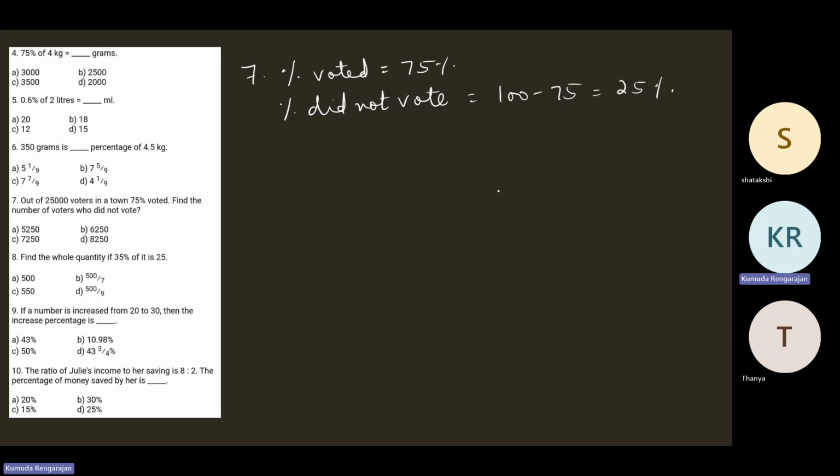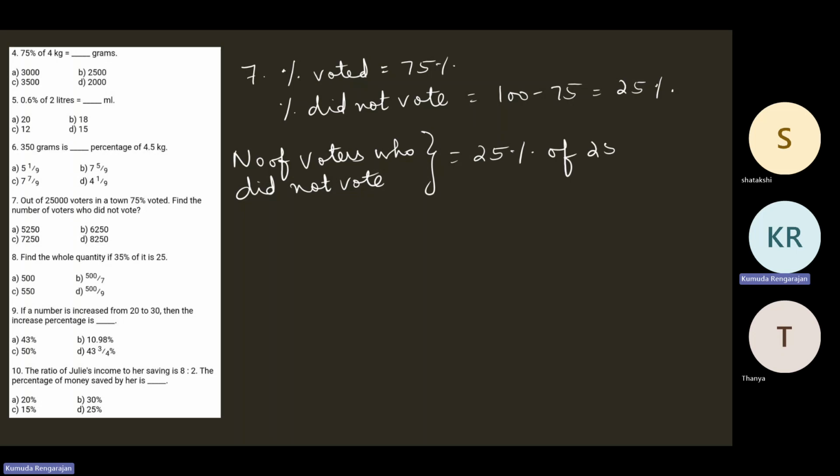Out of 25,000 voters in a town, so total number of voters 25,000. 75% voted, 25% did not vote. So we need to find the number of voters who did not vote. That is 25% of the total 25,000.